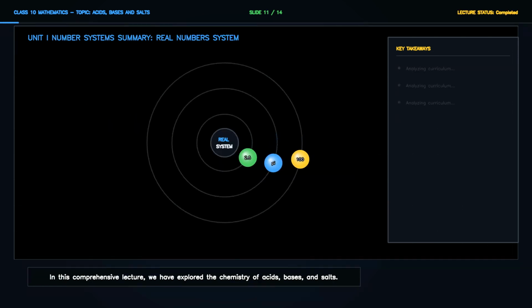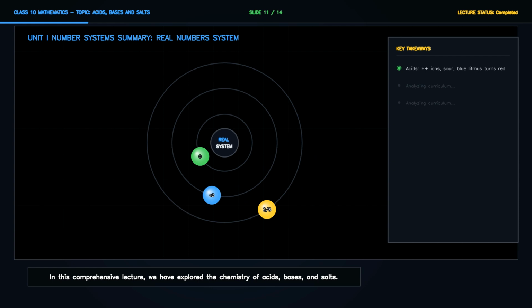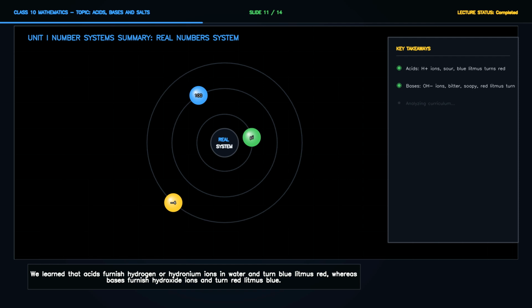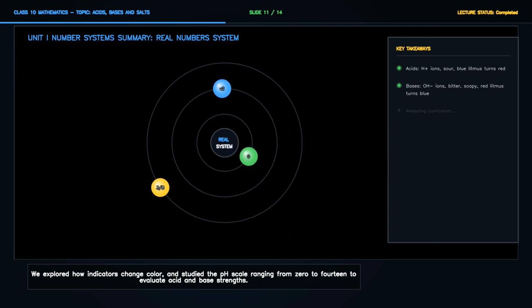In this comprehensive lecture, we have explored the chemistry of acids, bases, and salts. We learned that acids furnish hydrogen or hydronium ions in water and turn blue litmus red, whereas bases furnish hydroxide ions and turn red litmus blue. We explored how indicators change color and studied the pH scale ranging from 0 to 14 to evaluate acid and base strengths.